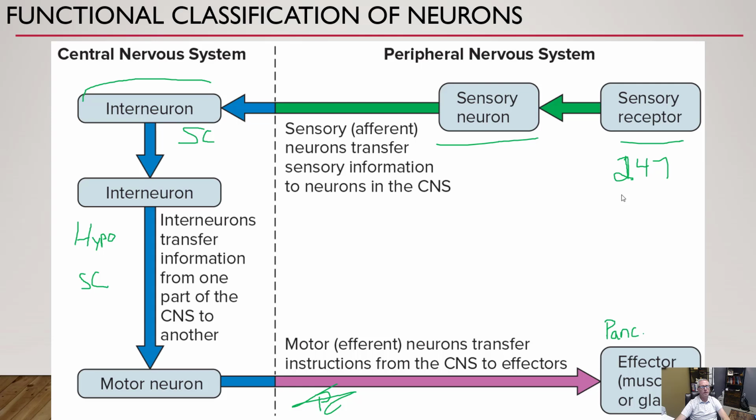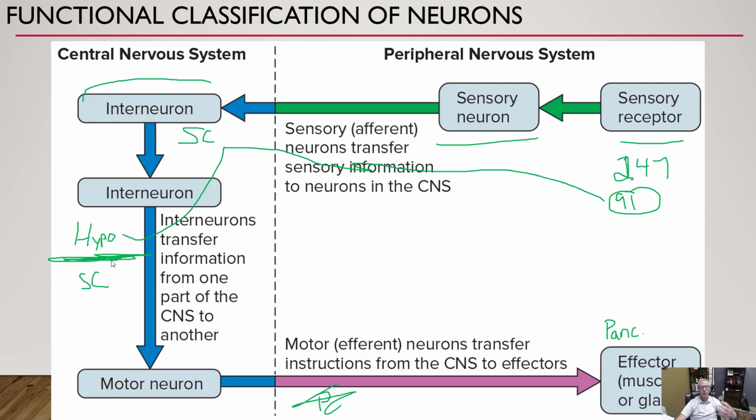And then at that point, let's say our blood glucose level is 91. Sensory neuron would take that information to the spinal cord, to the hypothalamus. Our hypothalamus would say, yep, it's within normal range. And we would actually stop right there.